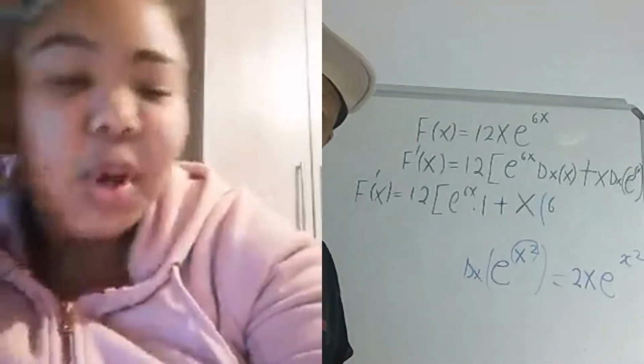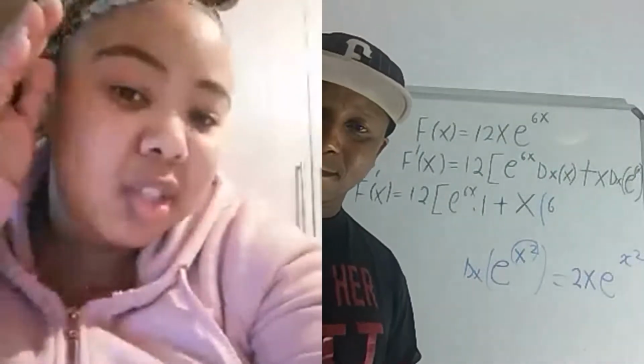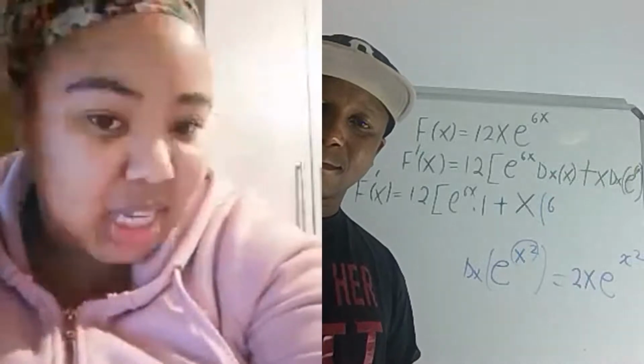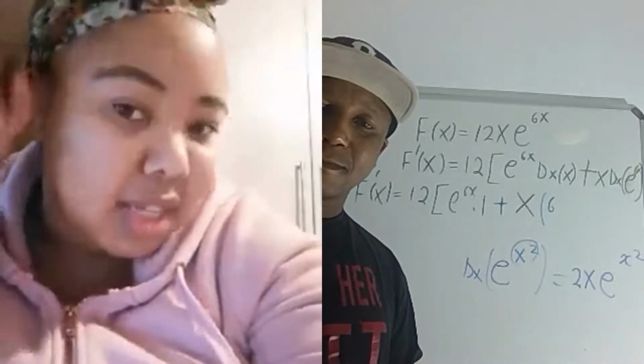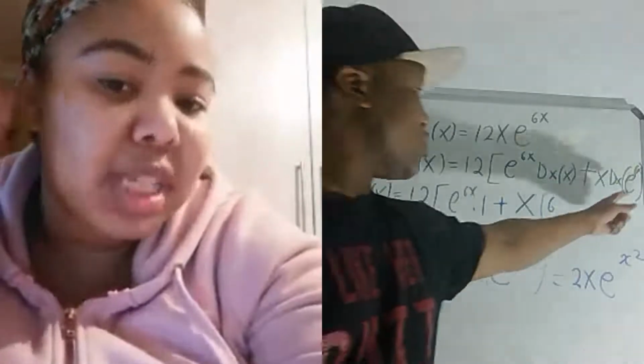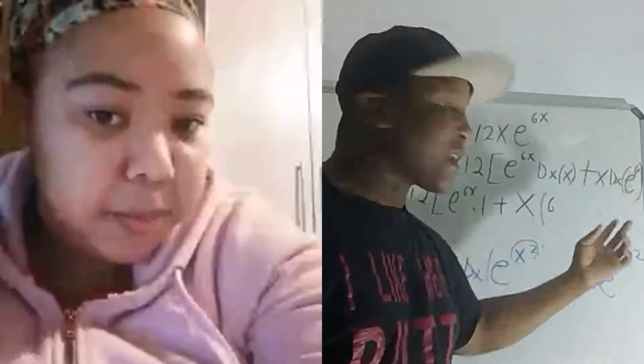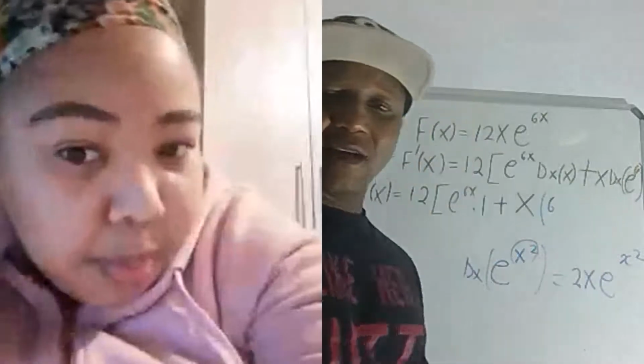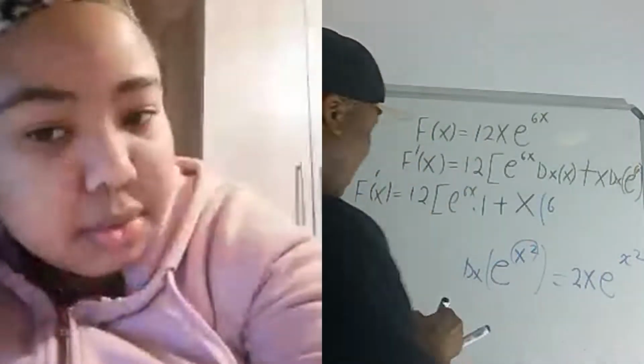I was confused because the 6 is before the x, not like when it's x to the 6, because then it's a little different. It is just 6 on its own. Then you write e to the power 6x, and we write exactly what you have here.